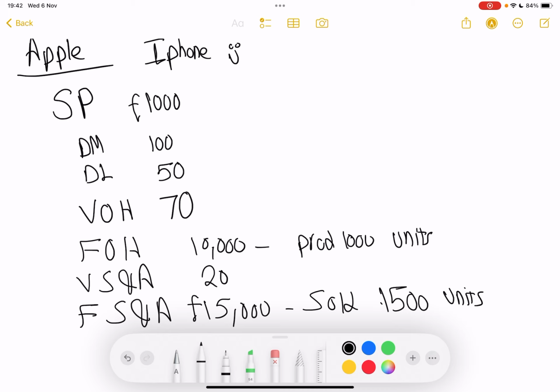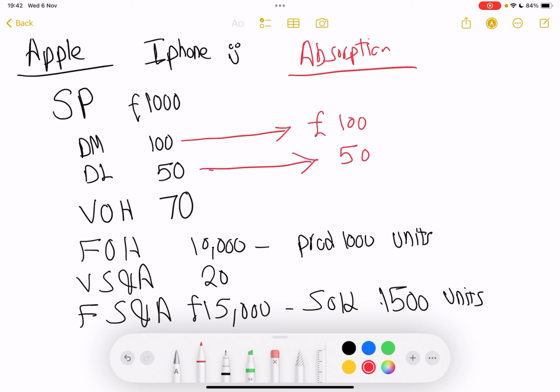Okay, so the question is, calculate the unit or the product cost for the product under both methods. So for absorption, very simple. Unit cost would be direct material, £100, direct labor, £50, and all manufacturing costs, direct material, direct labor, variable overhead, which is 70, and also we have the fixed manufacturing overhead per unit.